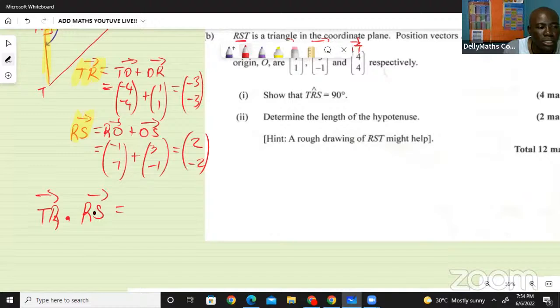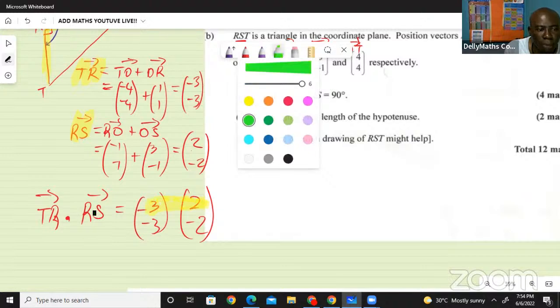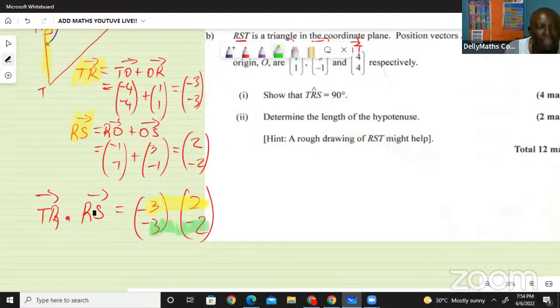Now, remember, TR is -3, -3, and RS is 2, -2. Let me write them down so that we could look at what we're about to do. We're going to multiply the two x's from the two different vectors, and multiply the two y values, and then you add them.